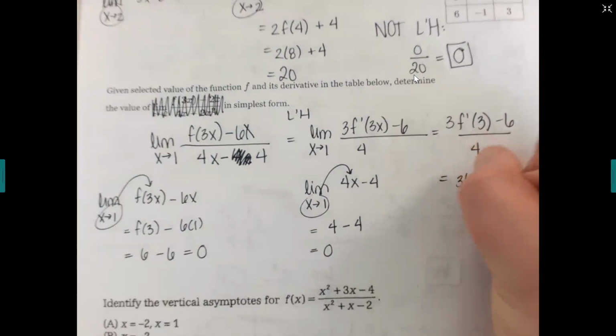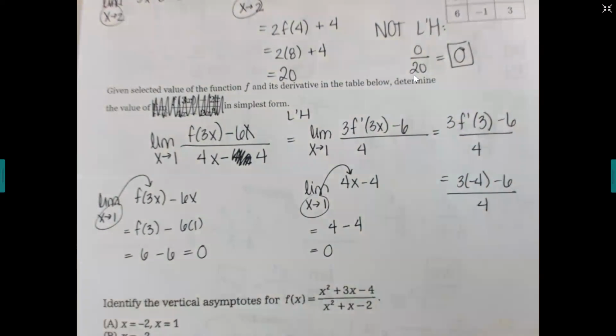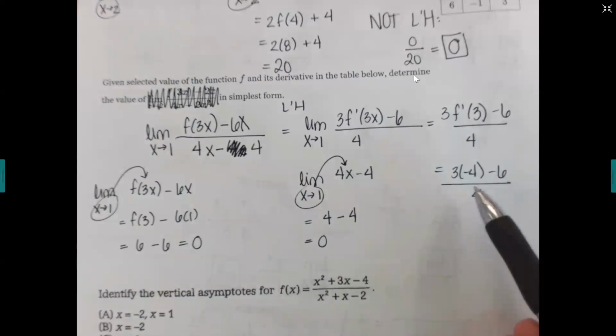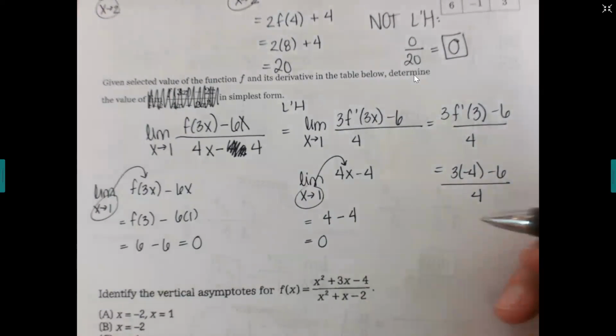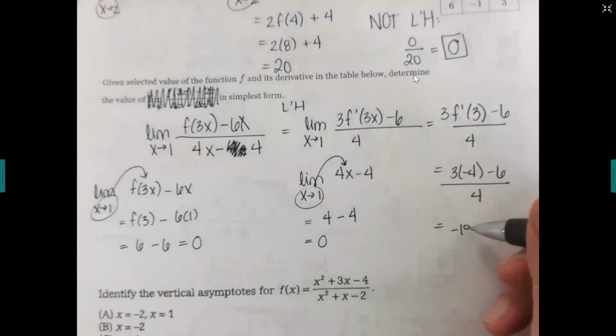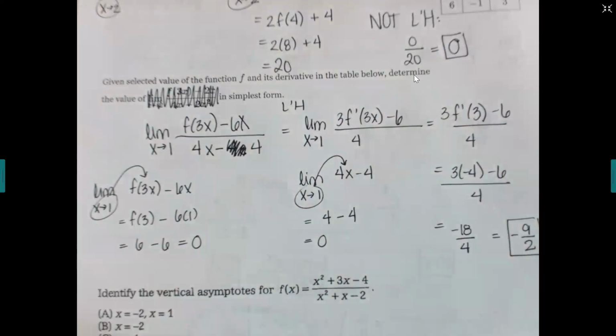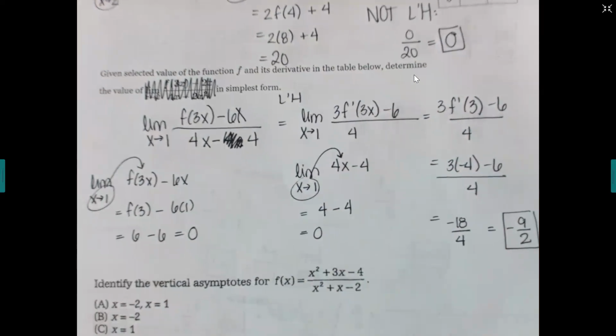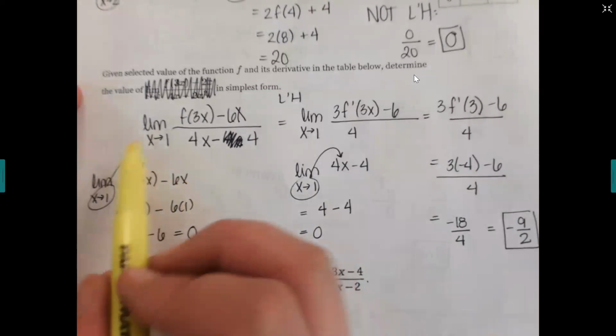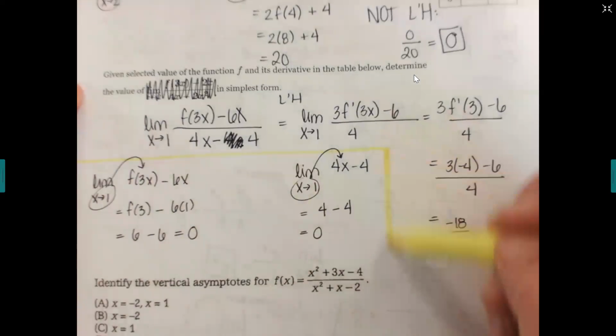Then I have 3 times negative 4 minus 6, which is negative 12 minus 6. Negative 18 over 4, can that reduce? Negative 9 over 2. Okay, but remember, the big no-no is if it happens to be on free response, no 0 over 0. Otherwise, they will take your credit, even though really you know what to do. Okay?